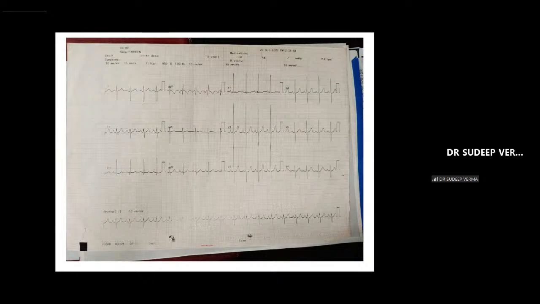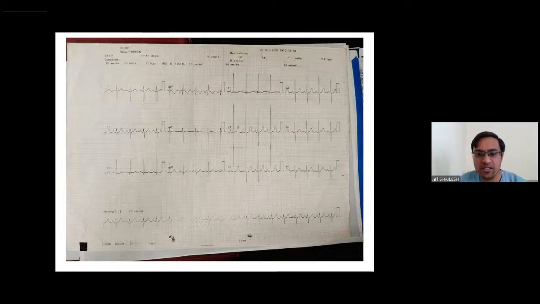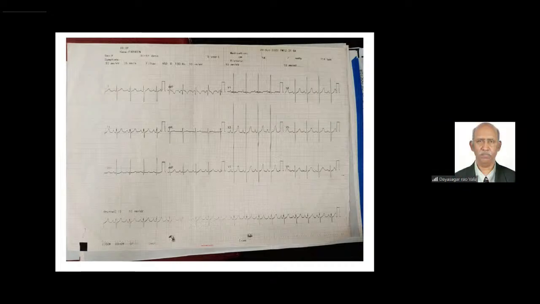Sir, with sinus tachycardia, with a rate of around 112 beats per minute, with a PR interval of around 120 to 140 milliseconds, with right axis deviation of around plus 120 degrees. One minute.